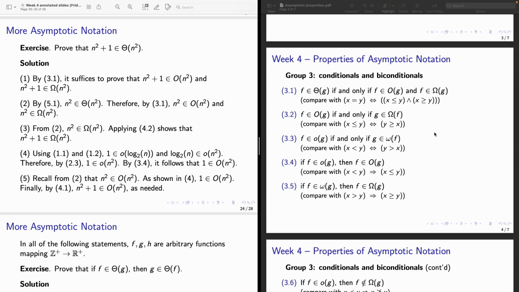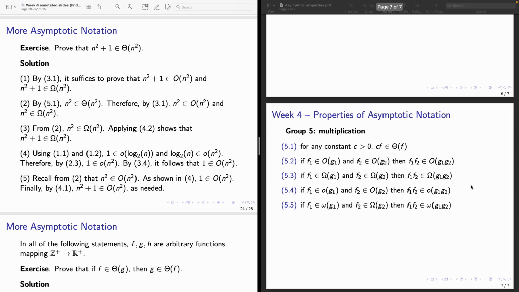We don't really have an easy way to prove that something is in big omega using these facts, and we're all tired and burnt out and we don't want to use the definition. So we can reduce this to an easier problem. Instead of showing that it's in big theta, we're going to separately show that it's in big O and big omega.